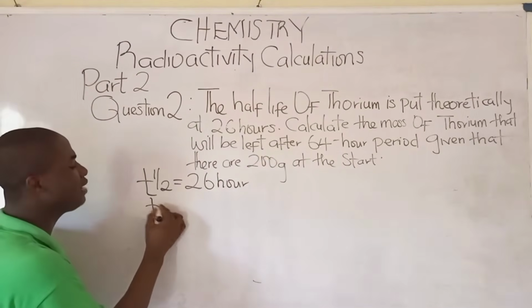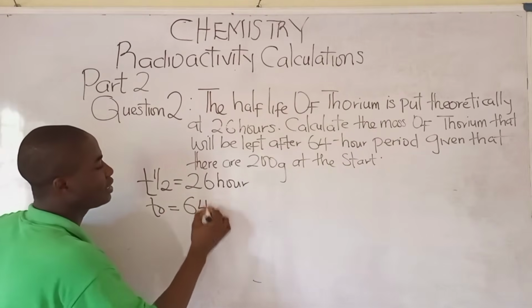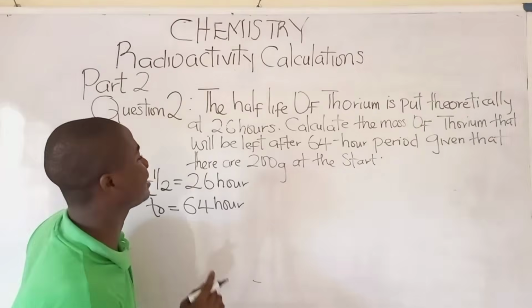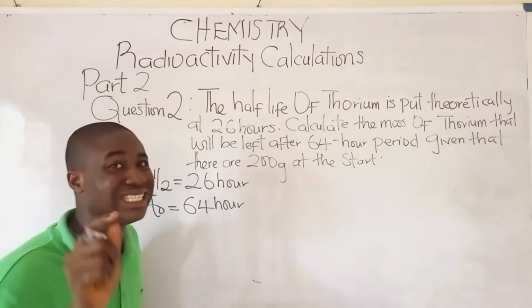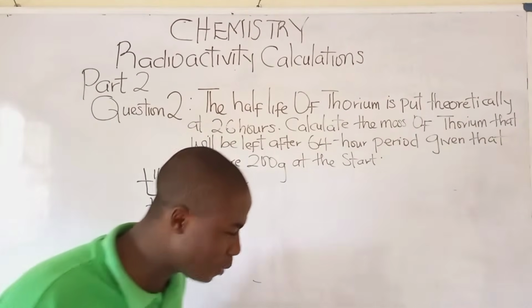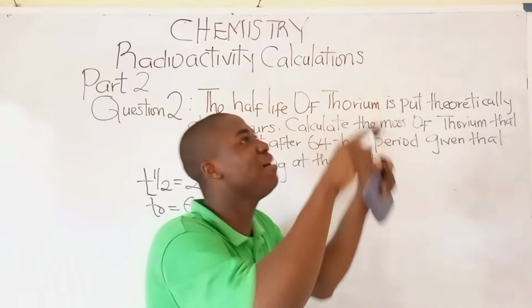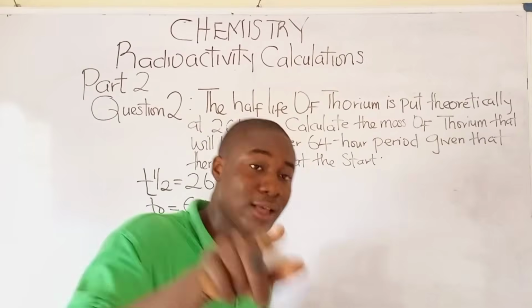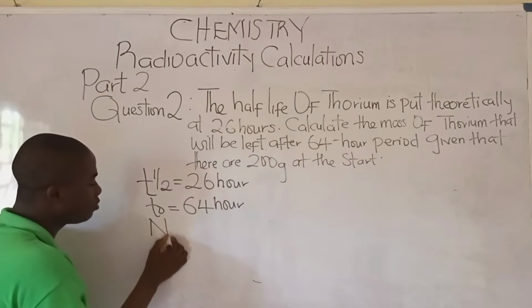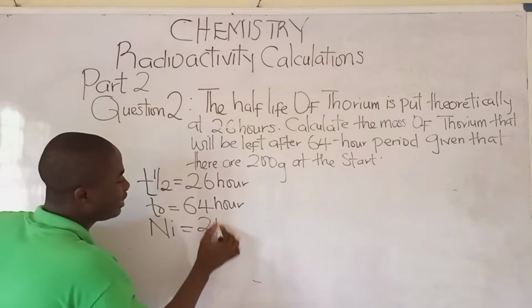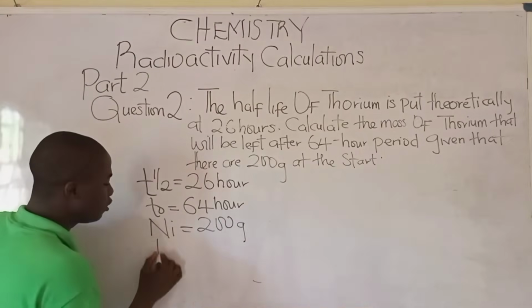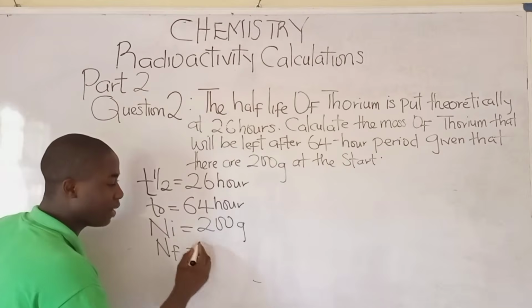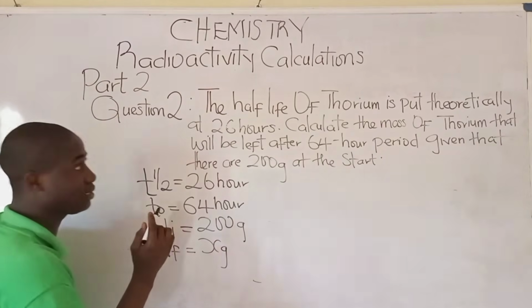So definitely that becomes the given time, 64 hours. Given that there are 200 grams at the start, so what comes to our mind? Is it the final mass or the initial mass? They mentioned at the start. So basically, that becomes the initial mass and it is 200 grams. So what the question is actually asking is to determine the final mass. So here, making it X grams.